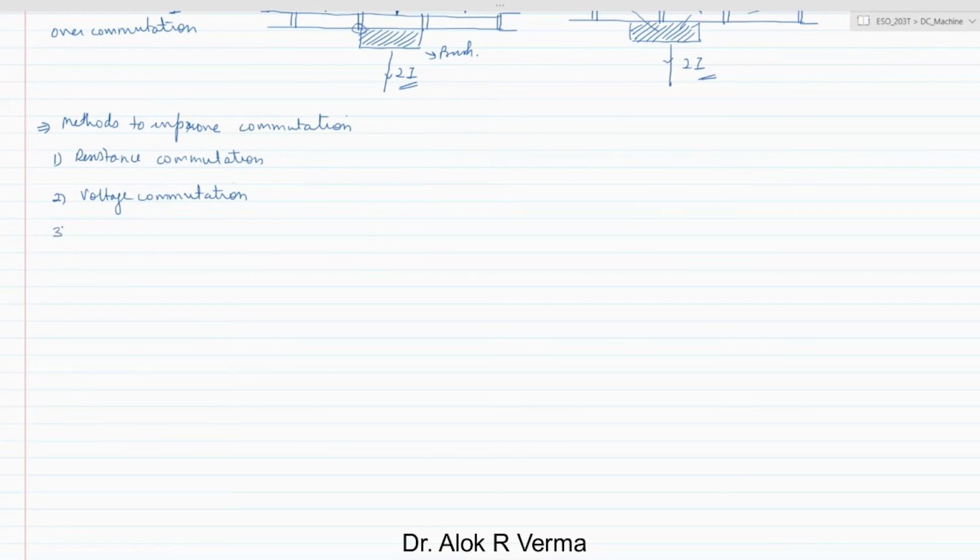And the third one, the most commonly used, is the interpoles. So that voltage basically is, or we can write, compensating winding. So that difference appears due to the armature reaction, right?